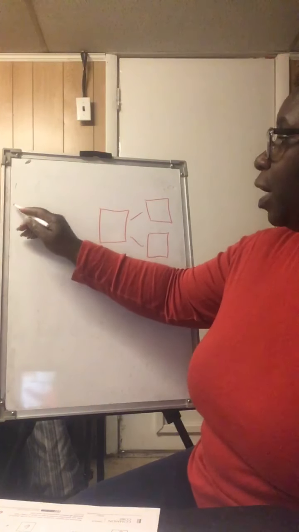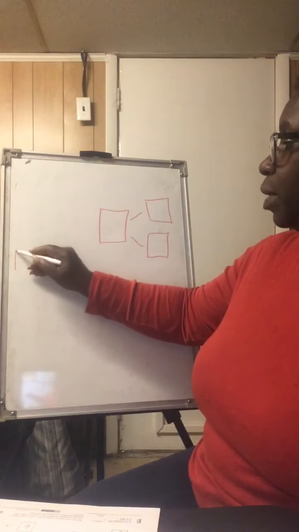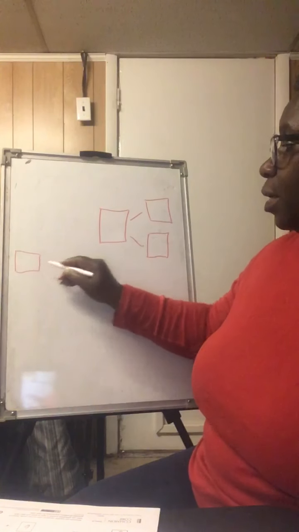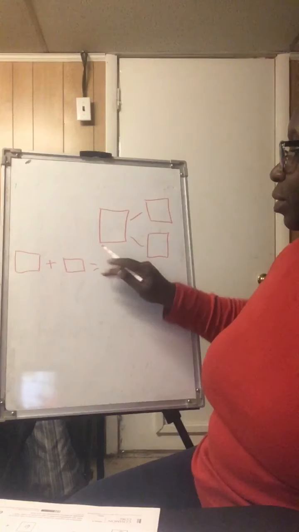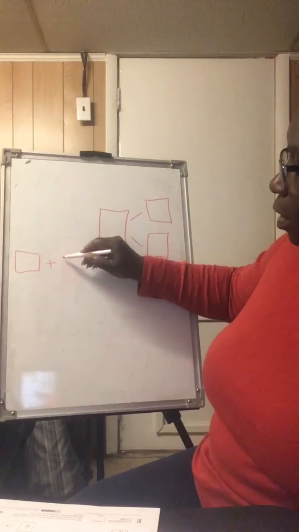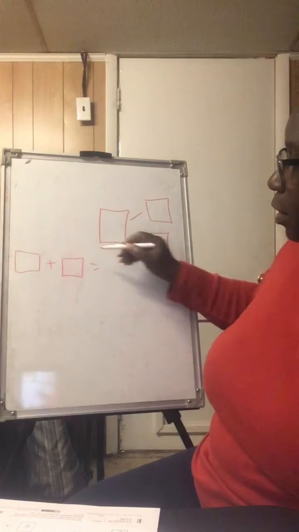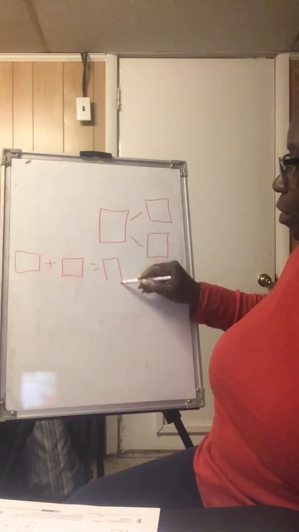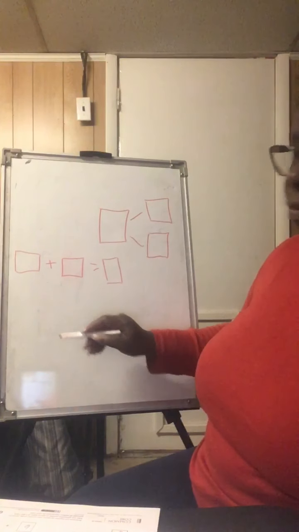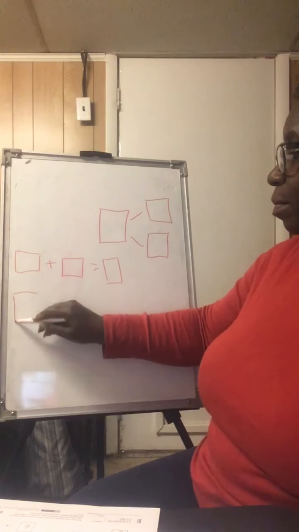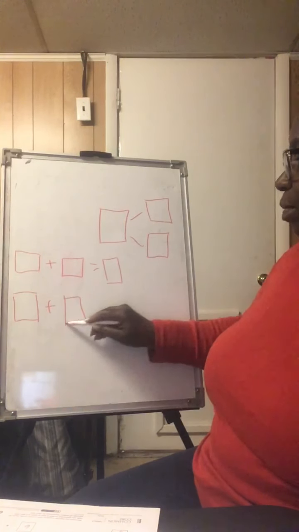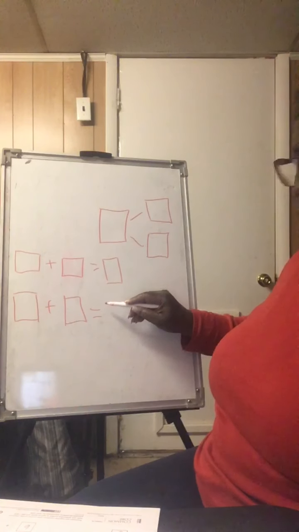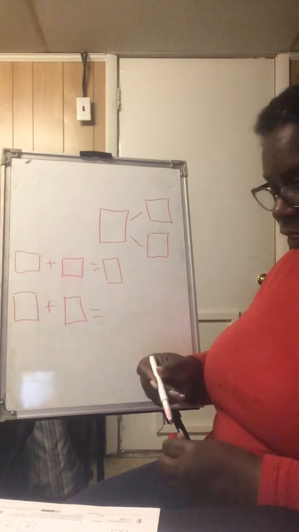And then over here you have, let's drop it a little bit, blank plus blank equals, let's make that a little bit bigger because we're going to put numbers in those boxes, equals what? And then another plus what equals, let's take off the equals.